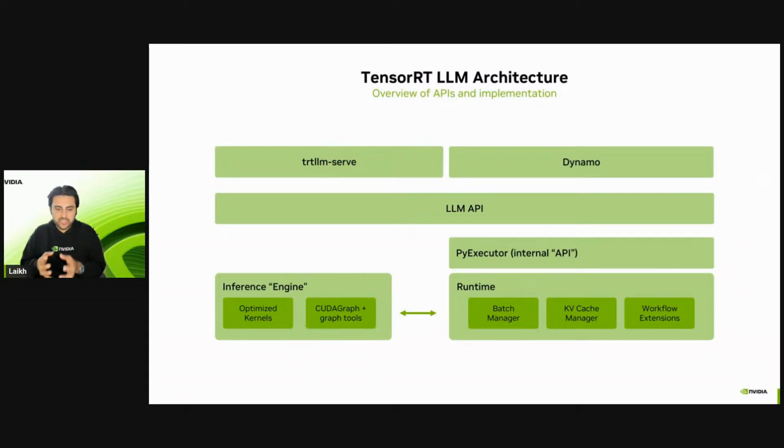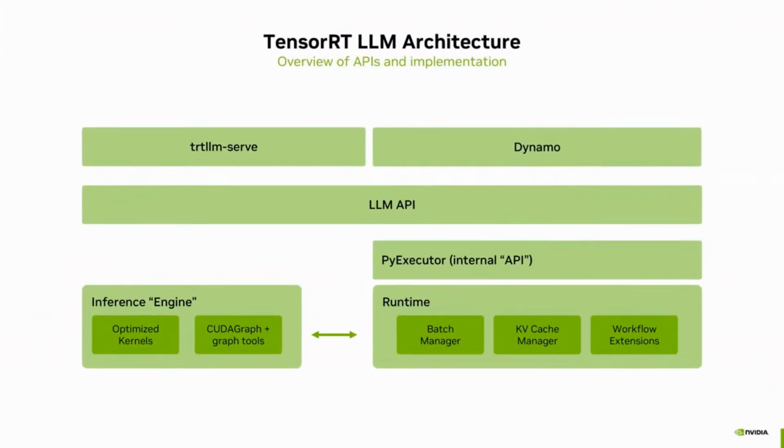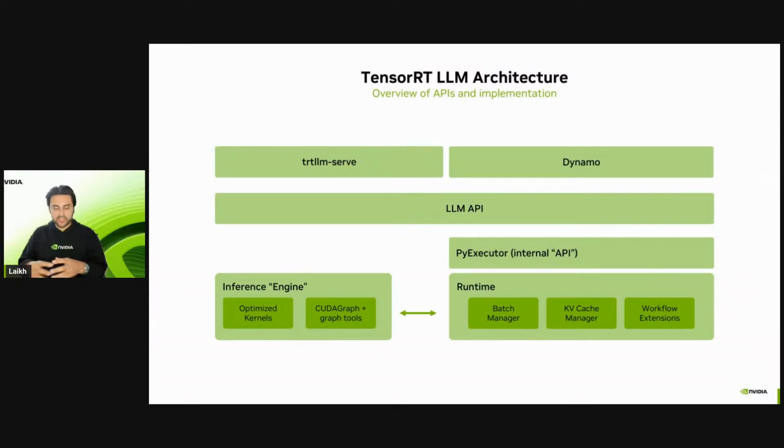This is an internal API that's rapidly developing, but represents the internals of the system. The PyExecutor wraps our engine and our runtime. The engine encapsulates these optimized kernels and select graph utilities to combine them into an abstract concept of an engine. And that engine is then deployed into the runtime with components like the batch manager, KV cache manager, and workflow extensions.